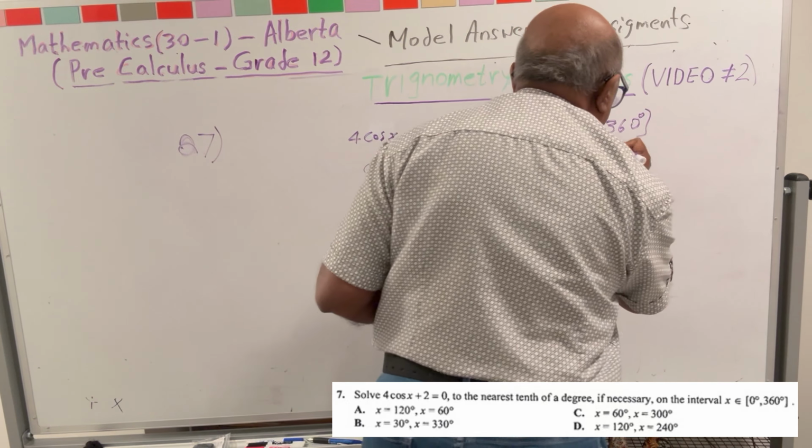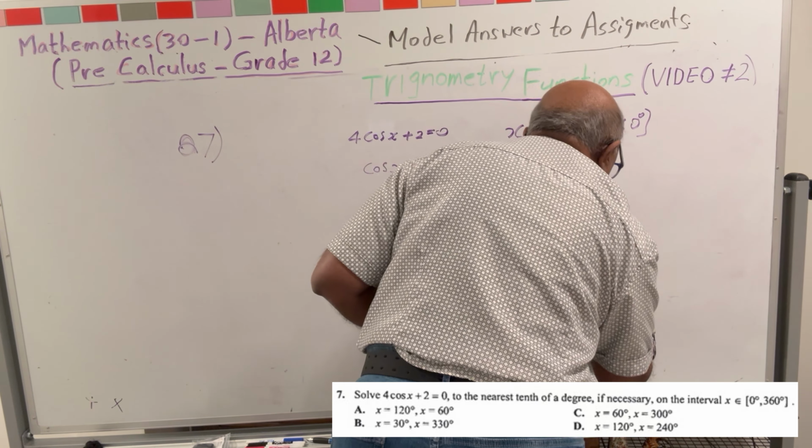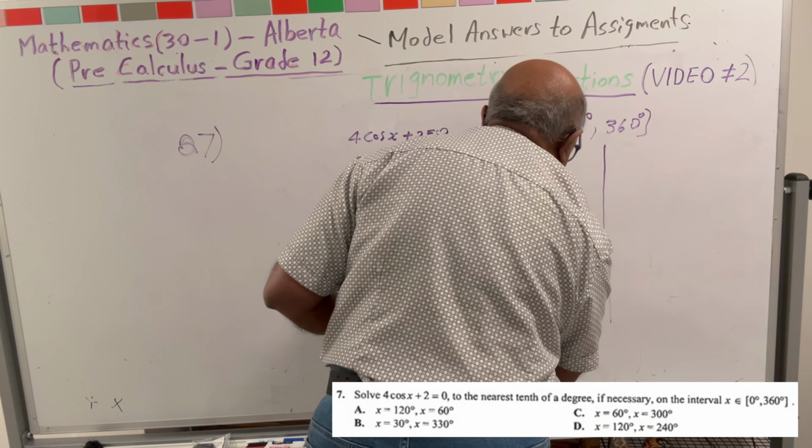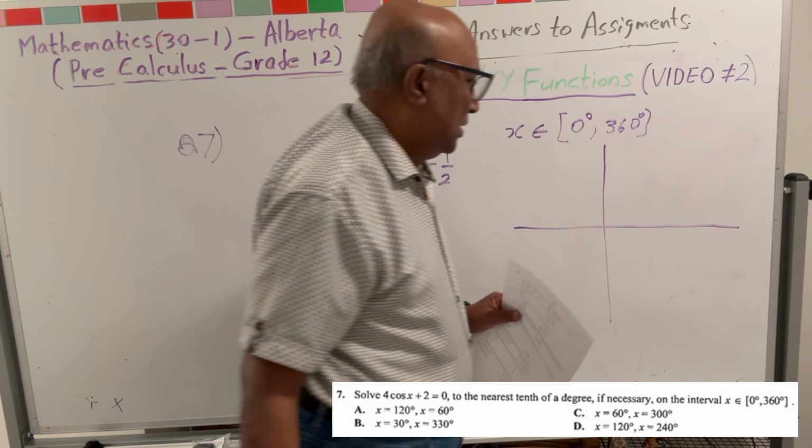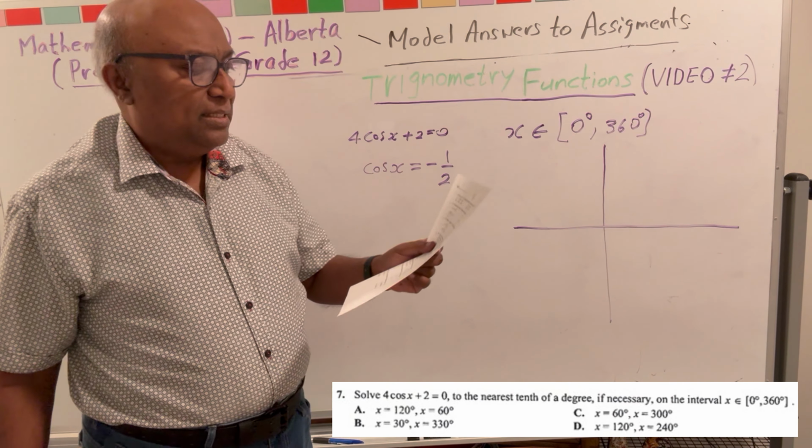As usual, let's indicate this information. Let's interpret this equation in the standard position diagram. Cosine x is negative. Let's recall the CAST rule again.